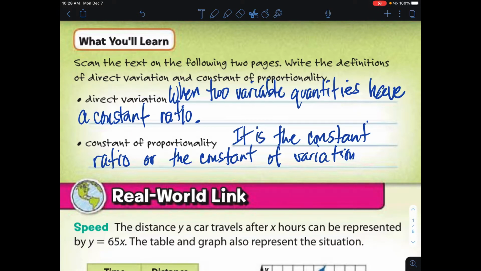Okay? So one thing that you need to understand is when you see the word variation, variation means to vary, or change. So when you talk about variation, it talks about change.